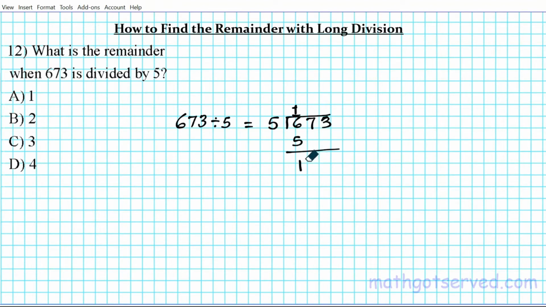Bring down the 7. Okay, how many times does 5 go into 17? If you do your multiplication table for 5, it's going to be 3. 3 times 5 is 15. Right? So just remember, division is repeated subtraction of factors, okay? 17 minus 15 is 2.